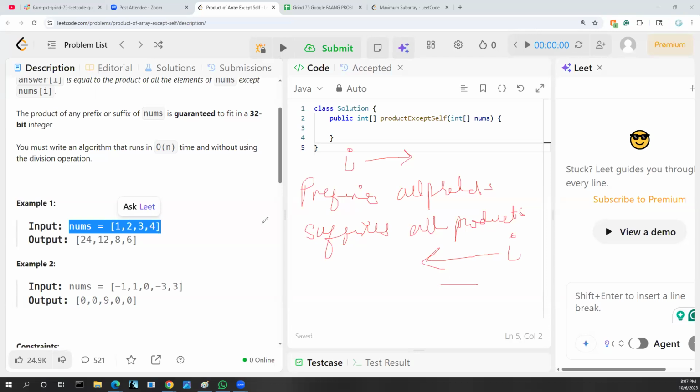I can compute all the product of the elements, and then I can multiply these suffixes and prefixes, keeping in mind that the higher number of prefix should multiply with the lower number of suffix. You should maintain this relation while multiplying this. That will allow me to compute the products without writing nested loops. I can run a separate loop for prefix, and I can run a separate loop for suffix.